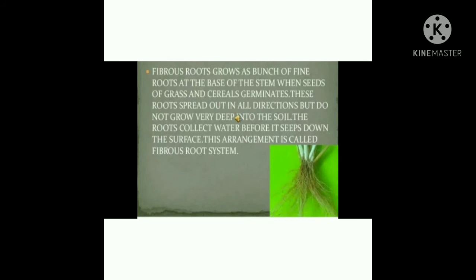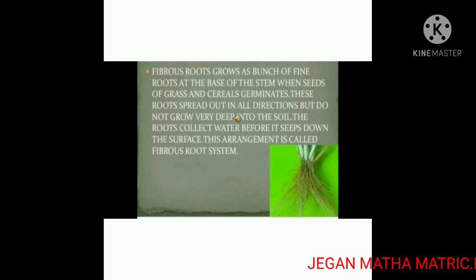Next type, fibrous roots. It consists of a cluster of roots arising from the base of the stem. They are thin and uniform in size. It is generally seen in monocotyledonous plants. Fibrous roots grow as a bunch of fine roots at the base of the stem when seeds of grass and cereals germinate.